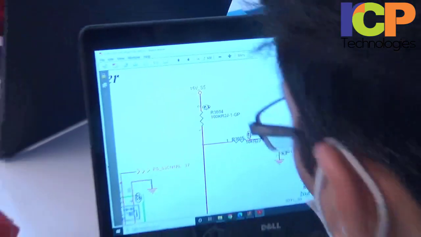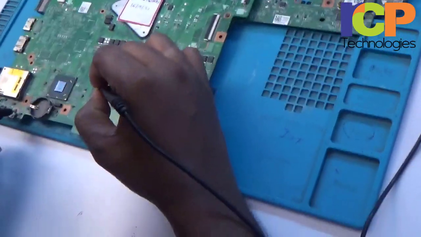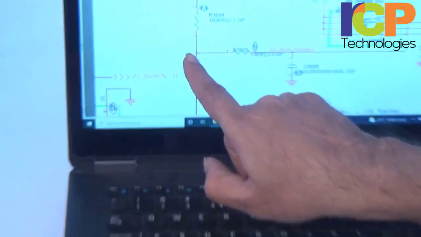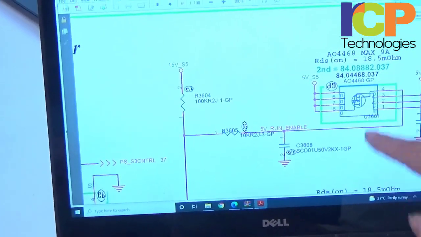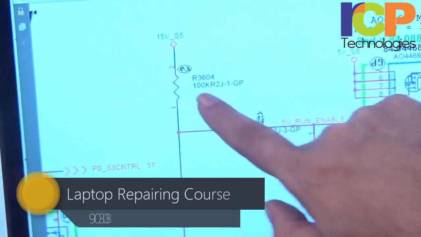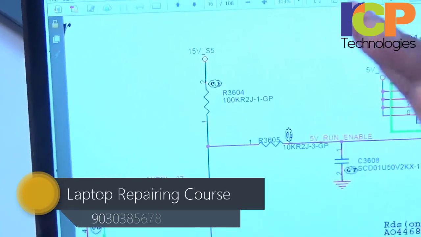Identify this R3604 resistor and check the voltage at the input pin of the resistor. 15 volts S5 is passing through the 100K resistor and 10K resistor to the grounding point of this MOSFET, and the voltage at the gate is missing. So naturally we'll first check whether 15 volts S5 is actually present correctly or not.